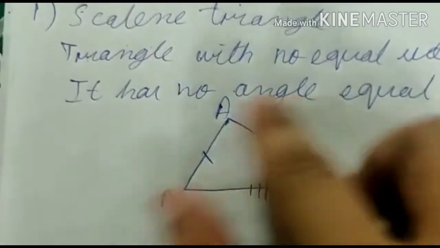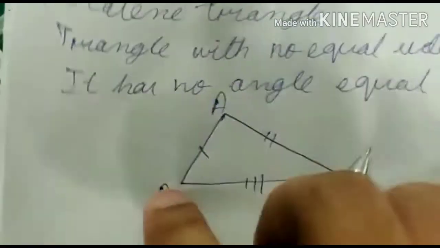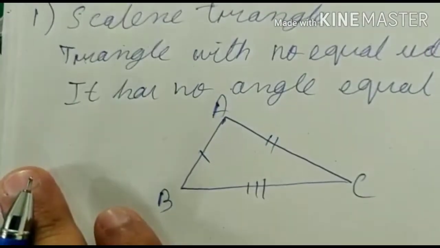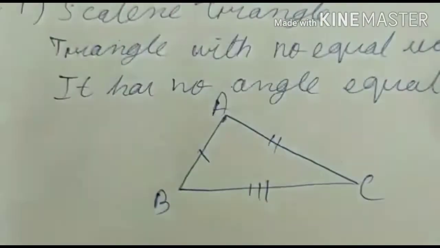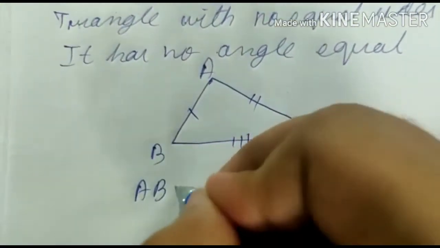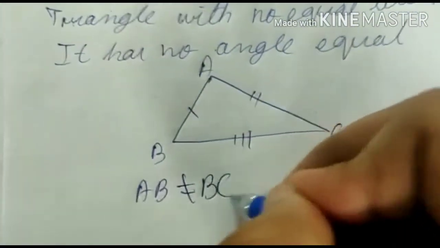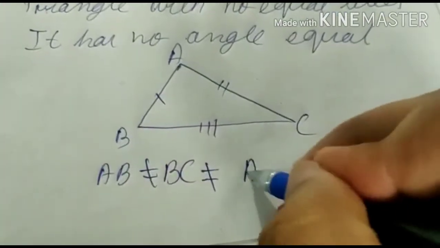These three line segments AB, BC and AC are never equal to each other. No side is equal to any side. AB is not equal to BC and not equal to AC as well.